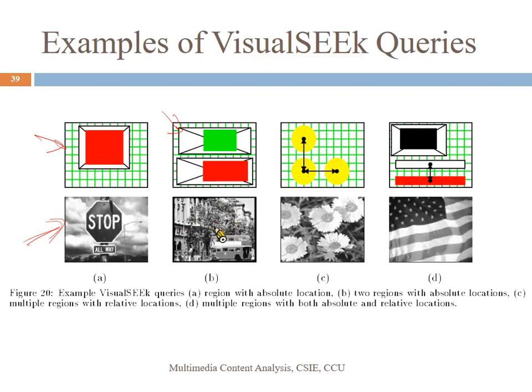There is a tree on the top and a red box on the bottom. And also we can specify, for example, 3 yellow circles, and then specify the relative position. Okay, and then we retrieve this. There is a red flower here, and a yellow flower here, a yellow flower here, and a yellow flower here. And we can also specify more complex multiple region queries. So finally, we can retrieve something like this.